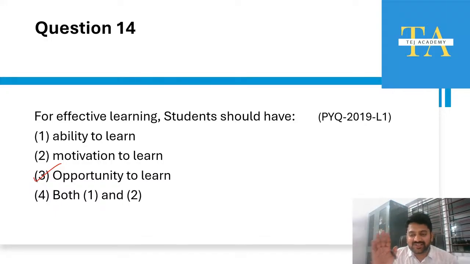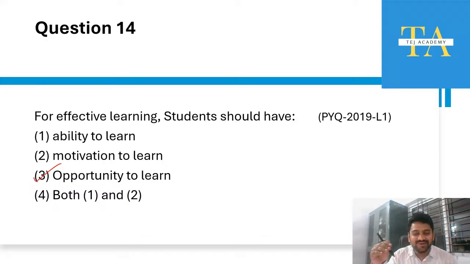I am 100% sure in your upcoming exam on 29th, all teaching aptitude questions, you feel that you know them. So whenever there is a question, if you feel that you know very well, you have to read 2 times.